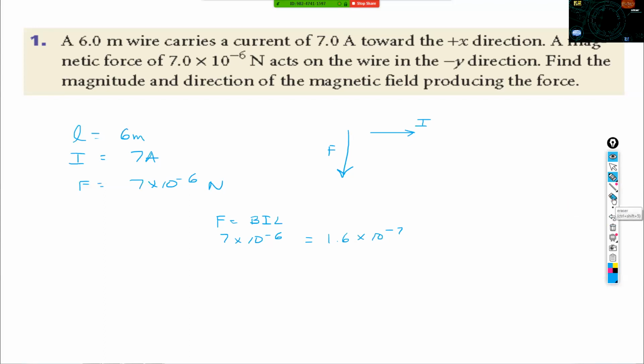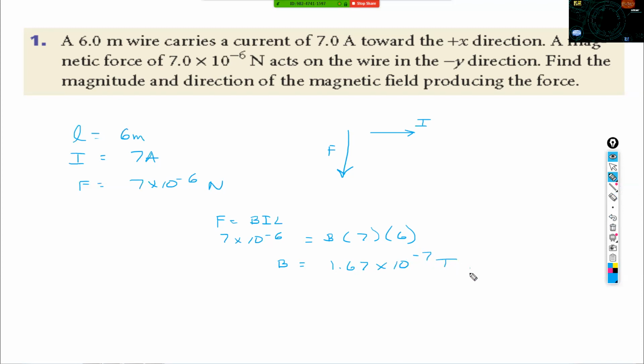Hold on here. Skipped a step for you. The current is 7 amps and the length of the wire is 6 meters. So now you can solve for magnetic field strength, 1.67 times 10 to the minus 7th Tesla.